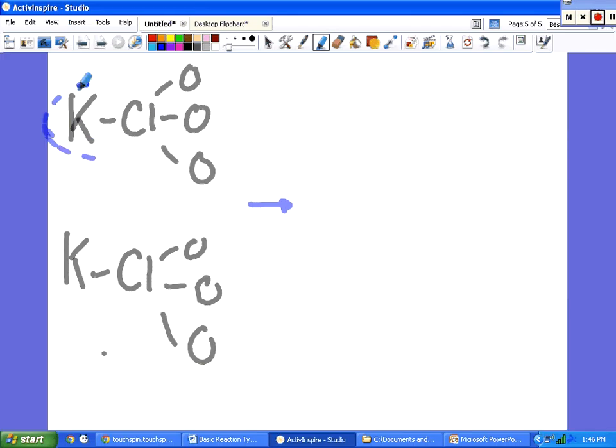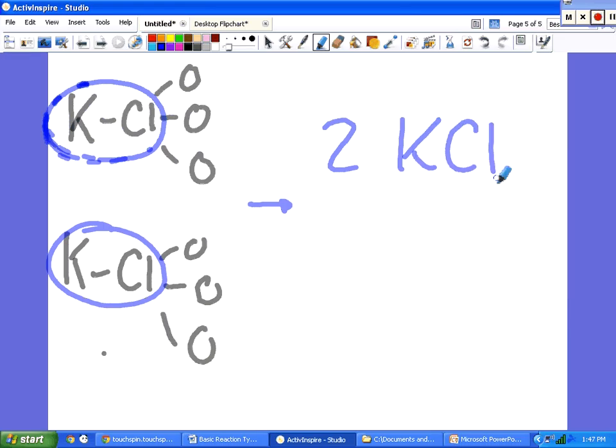So you agree that I can take one here. Let's try this. So that one and that one. Do you agree that that's 2 KCl's? All right, so we have 2 KCl's. And then what's left? 3 what? Now why is it not just O by itself? It's a diatomic. So I have 1 and I have 2. So I have 2 compounds and each one of them has an oxygen left over.